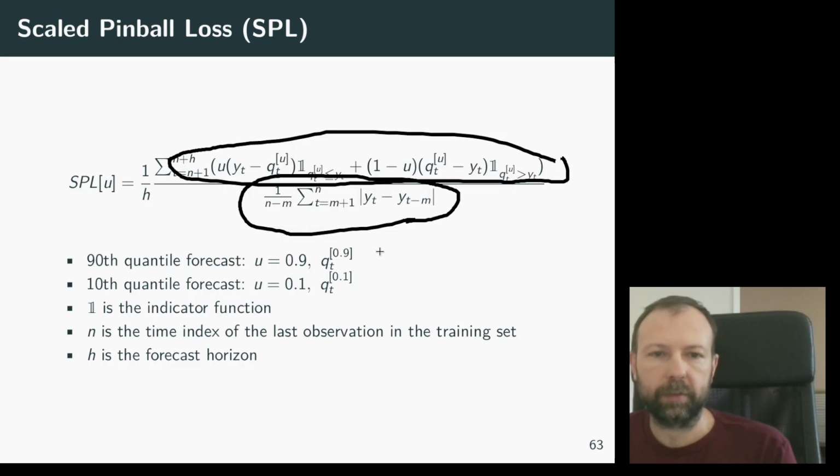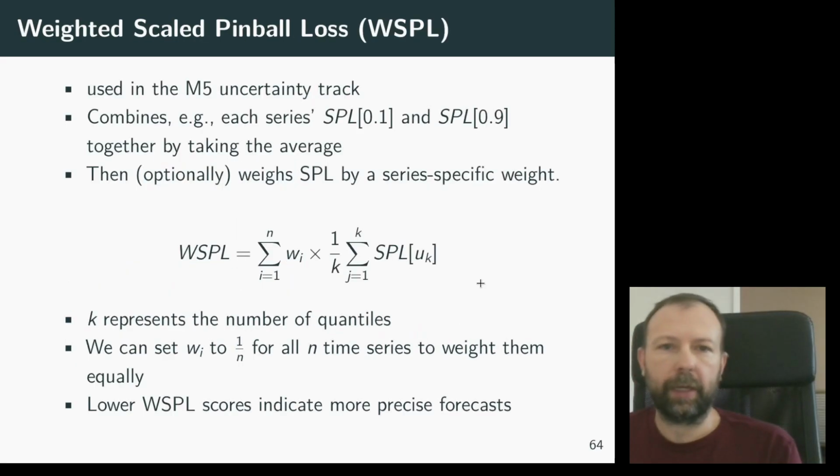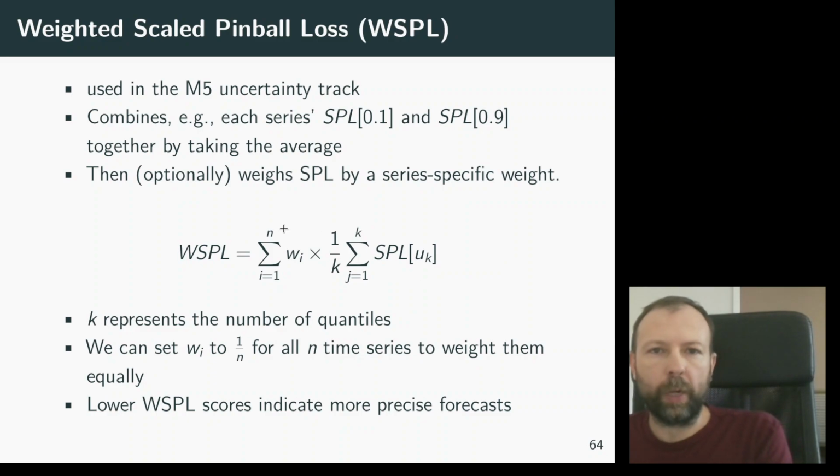But it's exactly the pinball loss. Okay, and now based on the SPL, we can define the weighted scaled pinball loss. That was actually used in the M5 uncertainty track for evaluation.